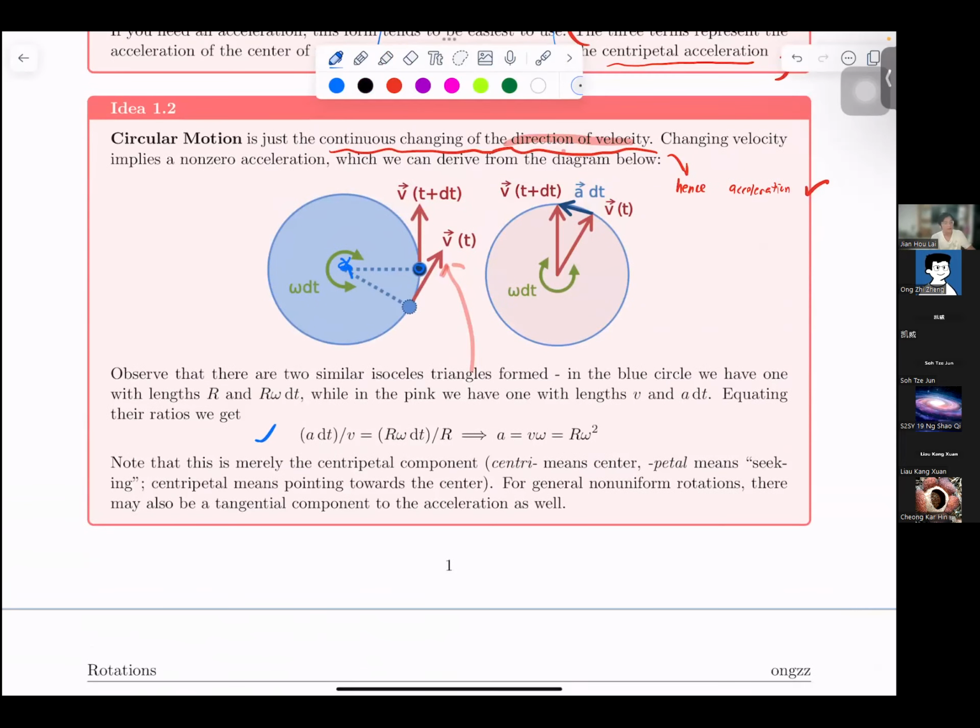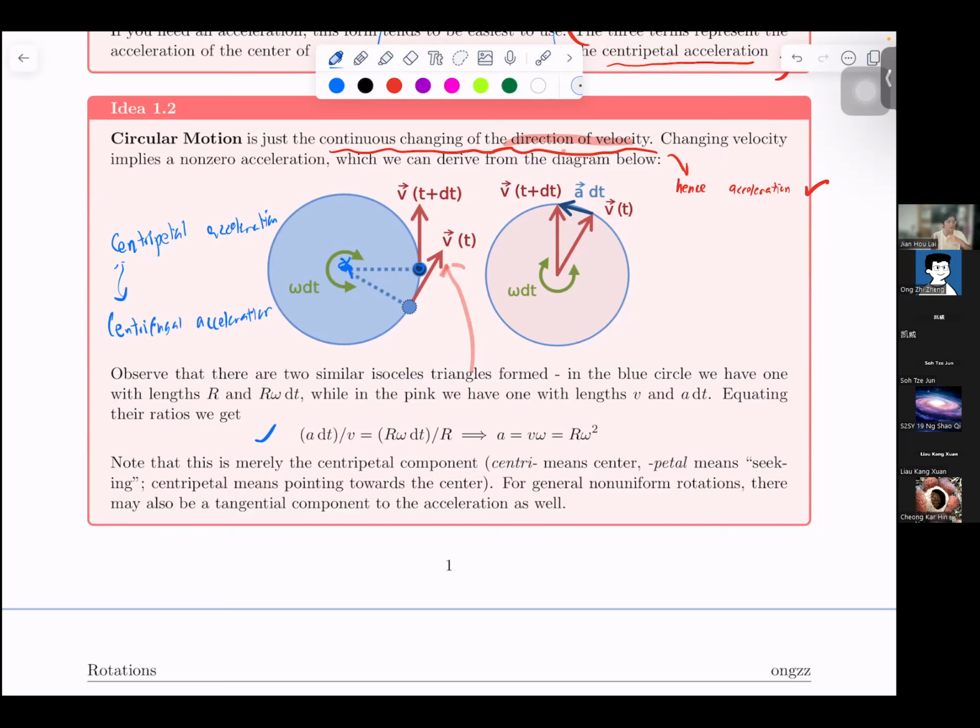Yeah, and if you're talking about centripetal acceleration, maybe you're thinking about another term, centrifugal acceleration. That might come into your mind when you analyze things.